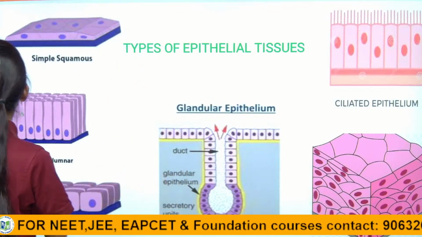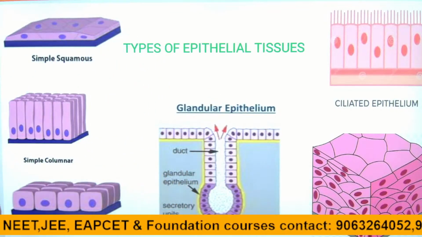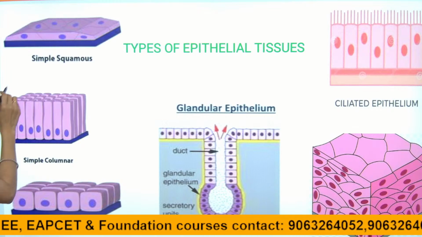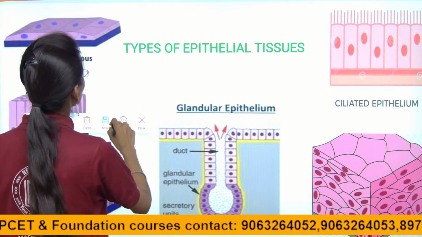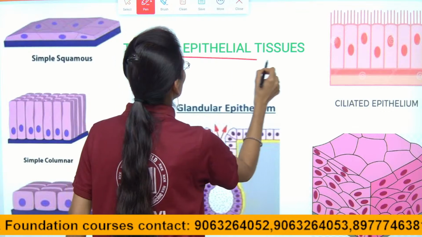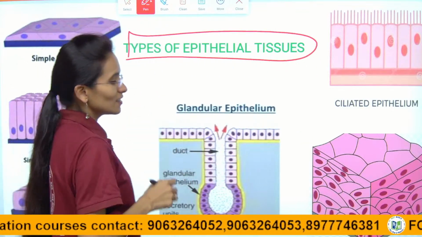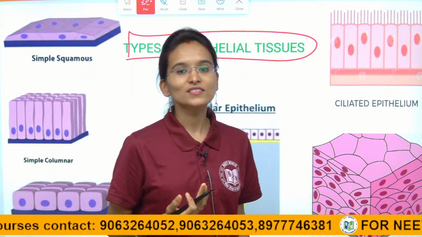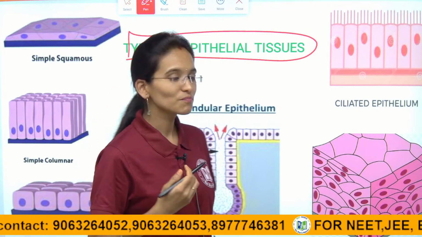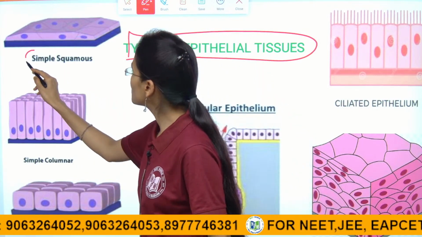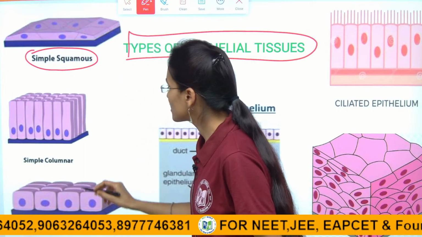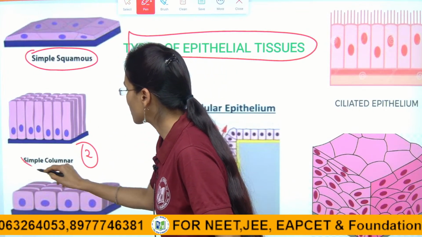Yes, now we will look into the types of epithelial tissues. Coming towards the types, generally we have 6 different types of epithelial tissues. The first one is the simple squamous epithelium, and the next one is the simple columnar epithelium.